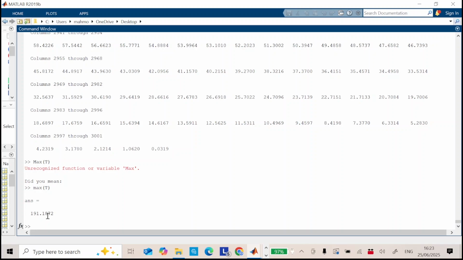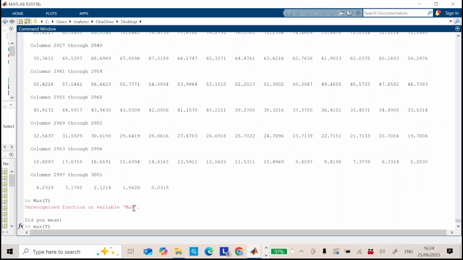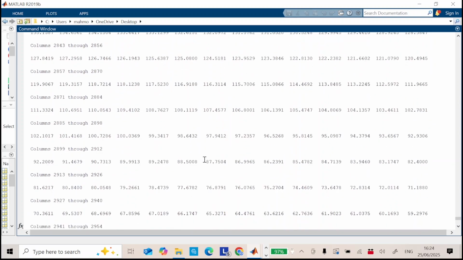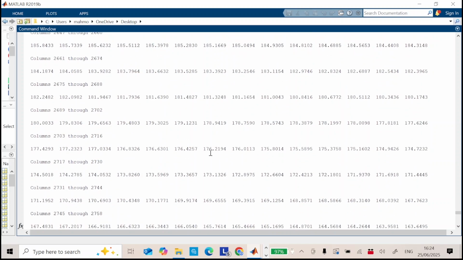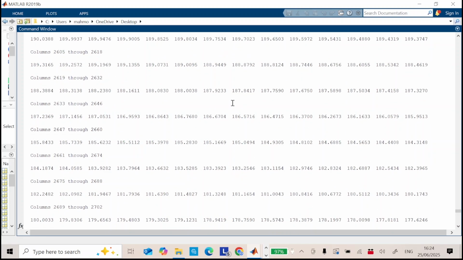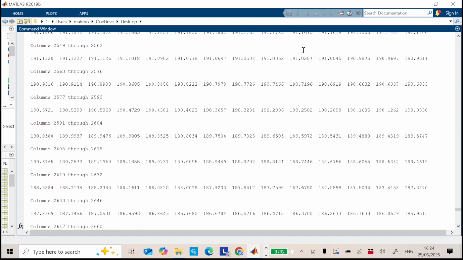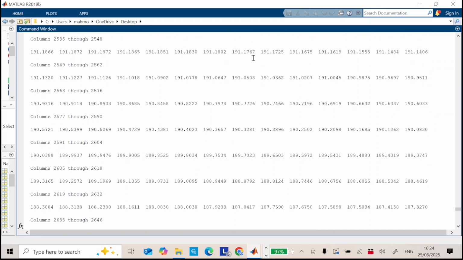So we have the maximum, 191.2 Newton meter. So we are going to return here to find that one, 192. We'll look for that one. We're going to find the point for the maximum, 192.2. So here we have the maximum point.